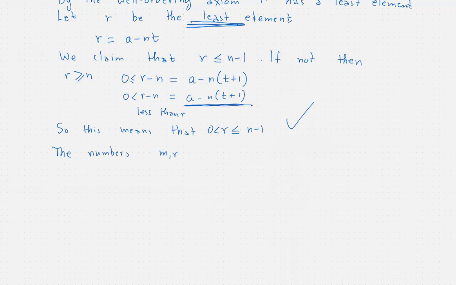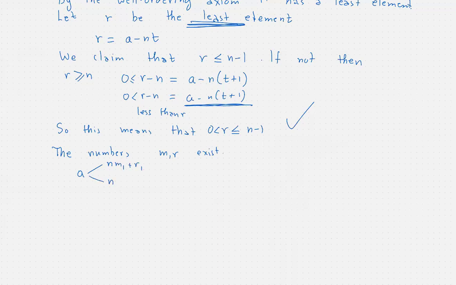Okay, now imagine that you can do this in two different ways. So you can take A and write it first as N times M1 plus R1. And then you can also write it as N times M2 plus R2. And here you do something pretty standard.